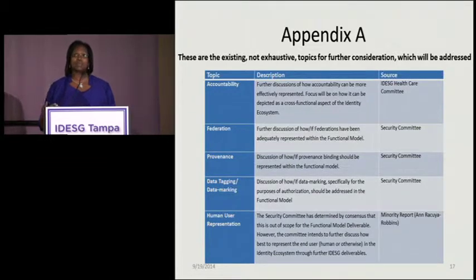So exactly what you're saying, to continue that conversation, to figure out how to incorporate that into either future versions or a separate work product in itself. But right now, it actually is saying that the security committee had deemed it out of scope.